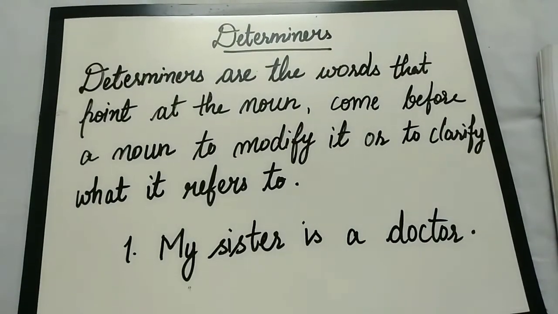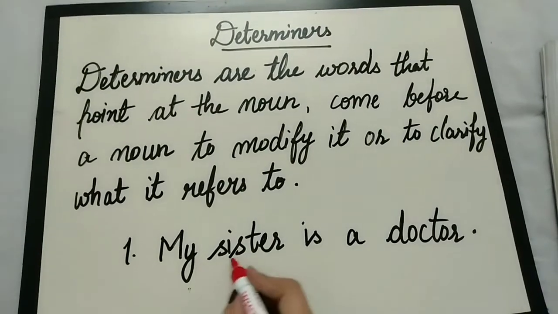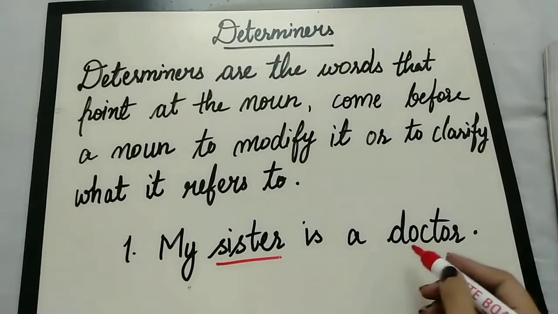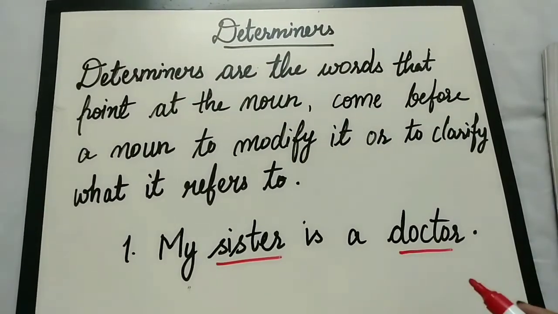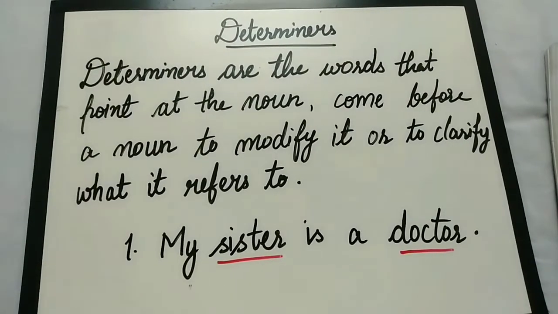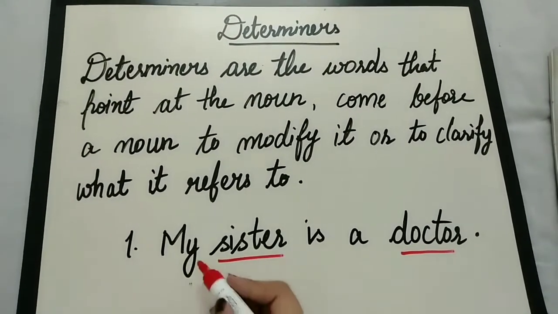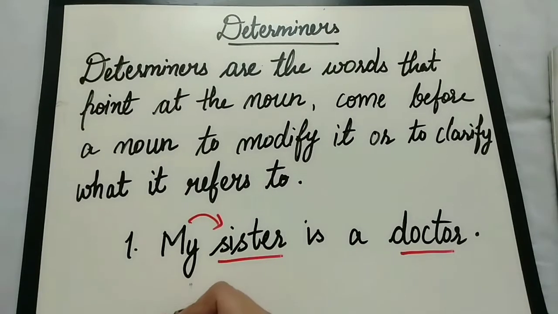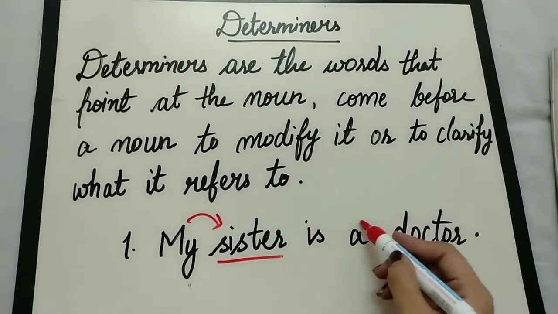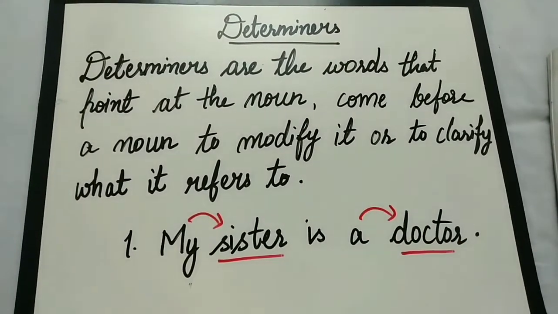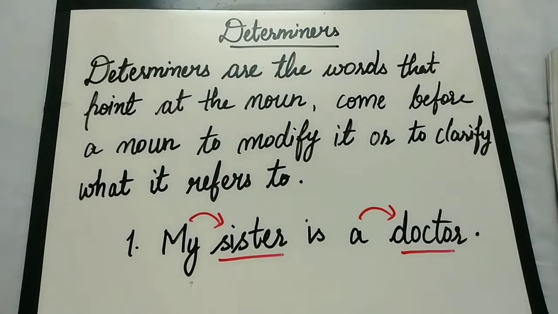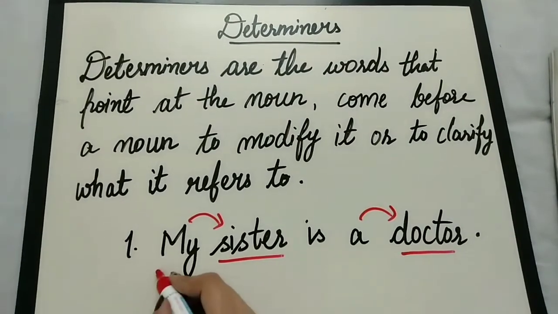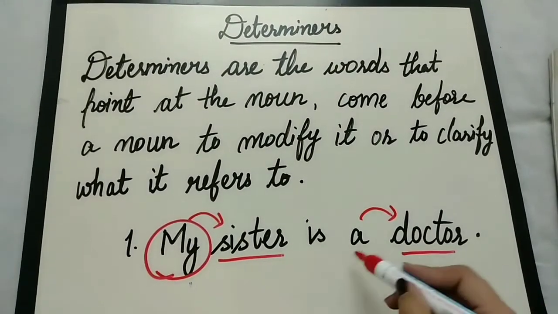In this example, the word sister is a noun and the word doctor is a noun. And the words that are pointing at these two nouns are my and a. So these two words are known as determiners.